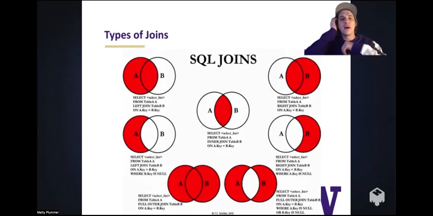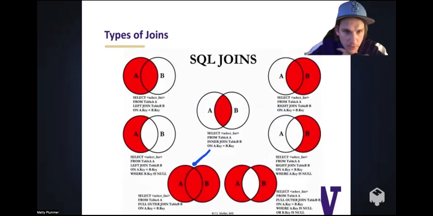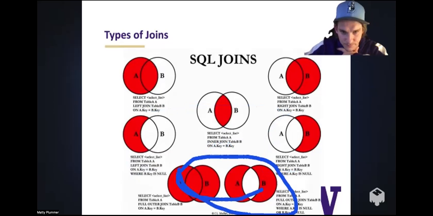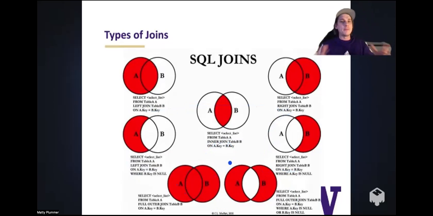But to jump into it right now, you'll see some common themes, right? So you'll see left join right here. You'll see left join right here. You'll see a right join right here. Going down, you'll see a right join right here. You'll see an inner join right here. These 2 joins down here, they're absolutely a thing. Most likely, you'll never be in a situation where you need to use them. So they're here on this picture as a reference.